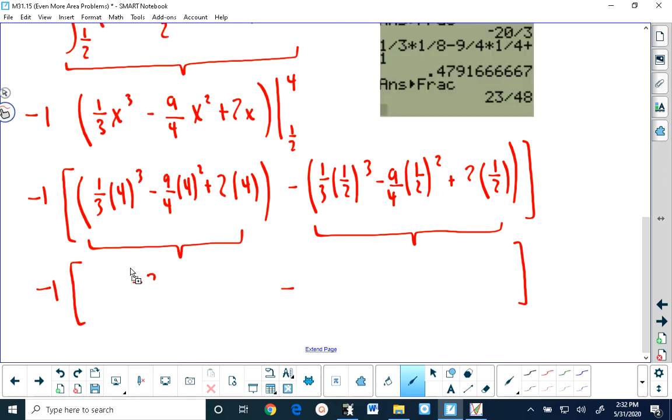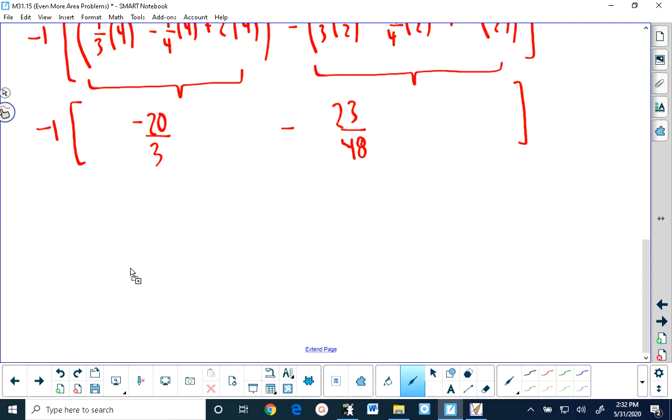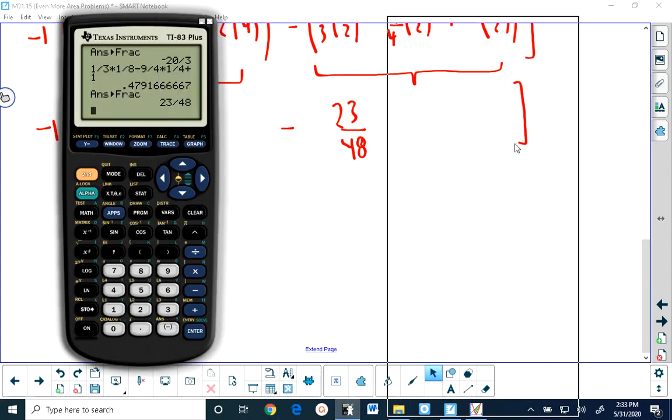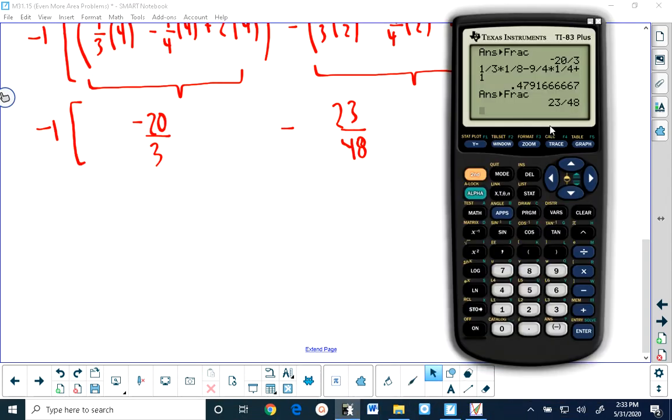I had -20/3 here, minus 23/48. So I'm going to take -20 divided by 3. I'm going to subtract my 23/48, which gives me this number.